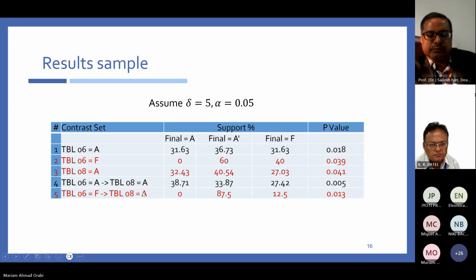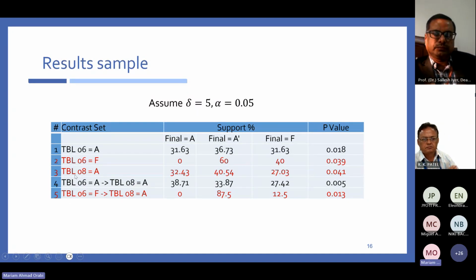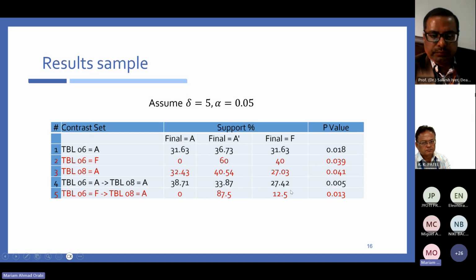But if the student had A on TBL 8, they have relatively comparable probabilities to the previous one, so there's more probability of having A. However, if the student failed 6, then got A on 8, then he loses the probability of getting A on the final. And the probability of having F is also less. And the highest probability now is having not A.